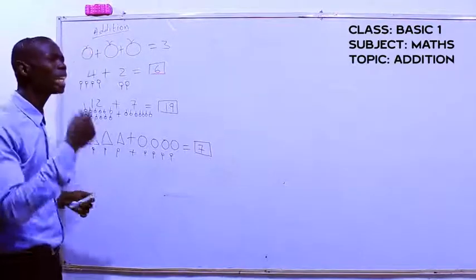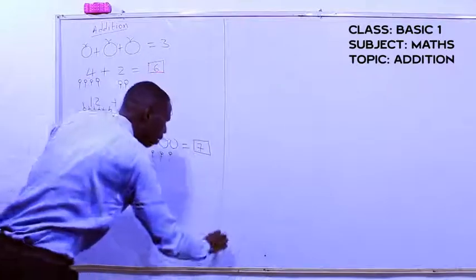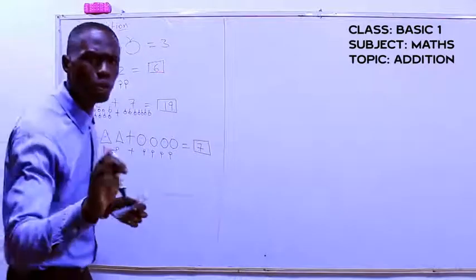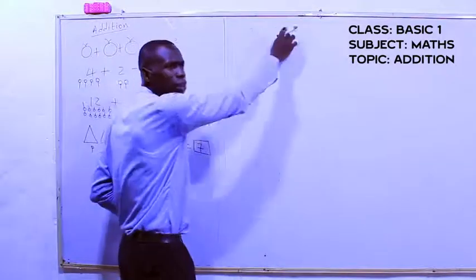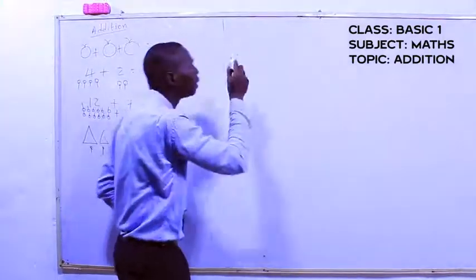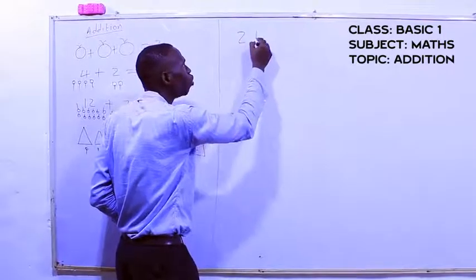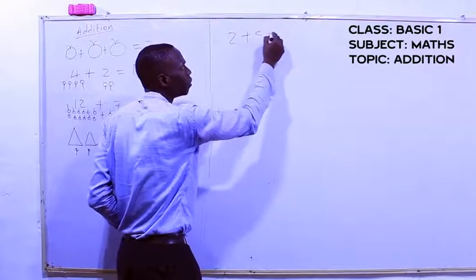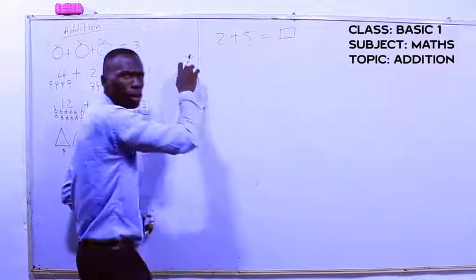Now, can we do counting and writing? There are two ways we can add things together. We have vertical adding and horizontal adding. If you see something like this, 2 plus 5, this one is called horizontal addition.